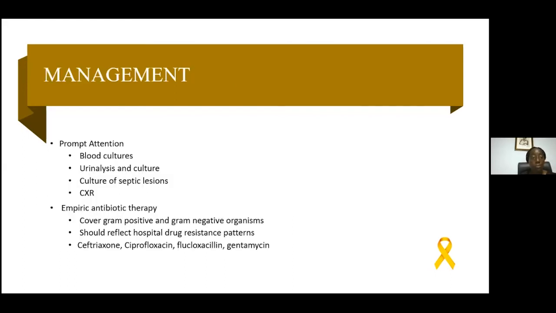So with management, as I stated earlier, do a septic screen and blood cultures. If you can't do these, the best you can do is to at least start an antibiotic and refer to a facility where they can be managed, do a septic screen, then start broad spectrum. This is not the time to be stingy with antibiotics. You have to make sure you give a broad spectrum, something that will cover both gram-positive and gram-negative.